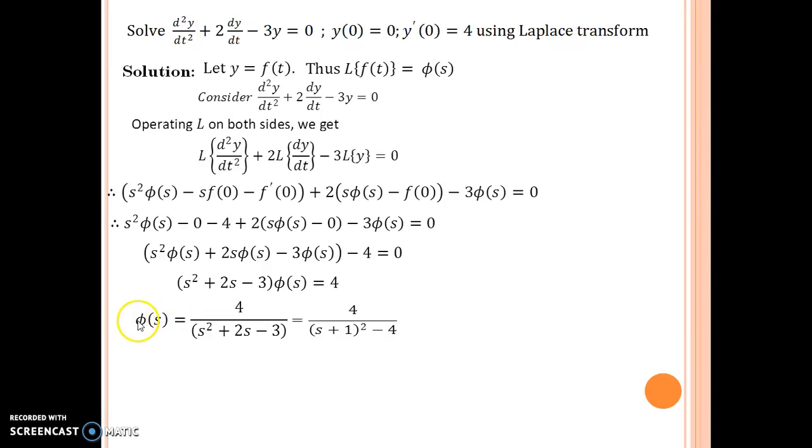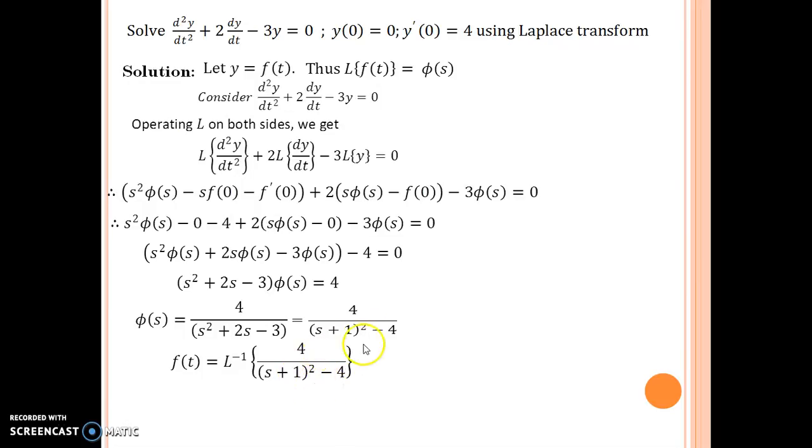This is the Laplace of f of t, right? This phi of s, just see there, is the Laplace of f of t. If I take the inverse Laplace over here, I obtain f of t equals L inverse of 4 over (s plus 1) the whole square minus 4.